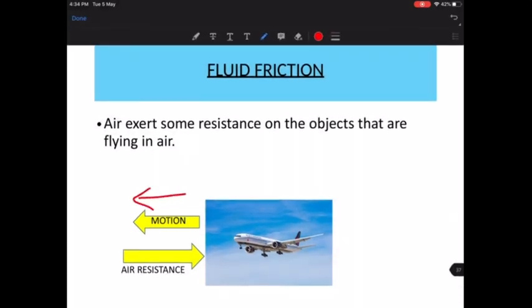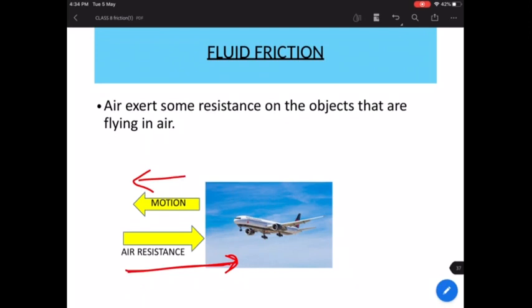Let's say in this direction, this is the motion of the aeroplane, the aircraft. So the friction is going to be in the opposite direction. Whichever direction your motion is, the friction is going to be in the opposite direction. Correct? So this is also called as fluid friction or air friction.